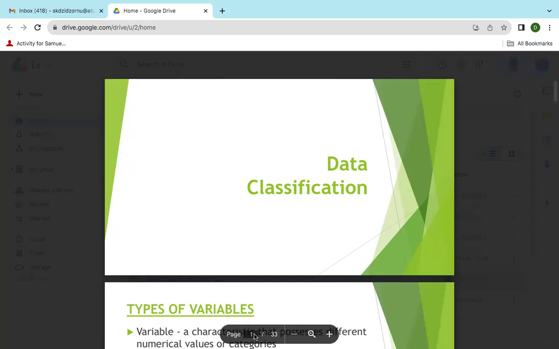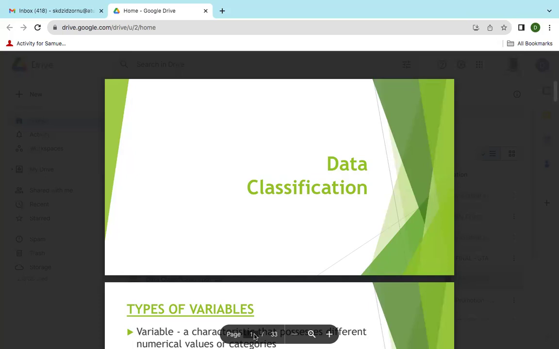Then we moved on to looking at types of data. We looked at the quantitative, qualitative, and underneath each one of them, we looked at the various subtypes. Okay, so all in all, the breakdown was along the lines of quantitative, qualitative, and then for quantitative, you have discrete and then continuous.